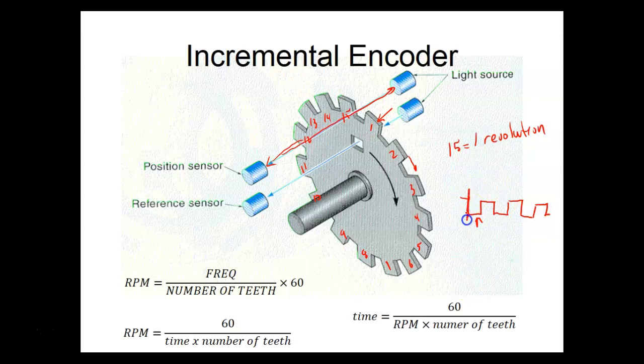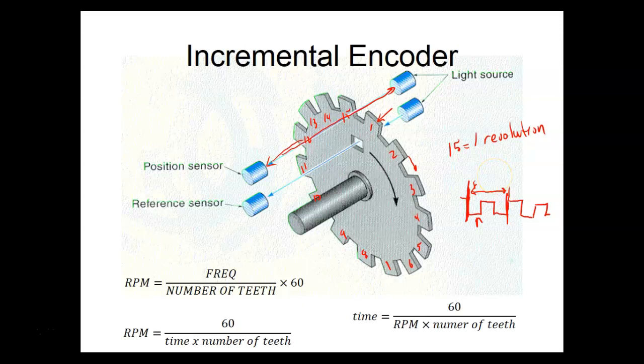So right here, and normally when we look at time, we don't worry about what's going on here or here. We look at one edge. So between this negative going edge and this negative going edge, this time right here would represent the speed, right? Now follow me so far.